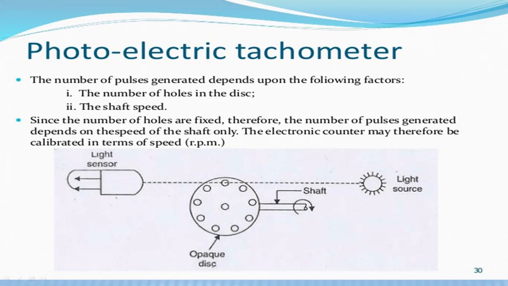Since the number of holes is fixed, the number of pulses generated depends upon the speed of the shaft only. The electronic counter may therefore be calibrated in terms of speed. So the electronic counter takes the pulses and calculates the speed of the shaft. So that is the overall working procedure of the photoelectric tachometer.